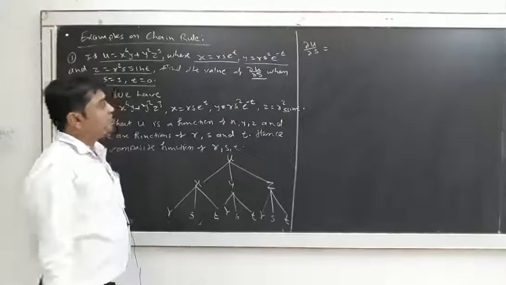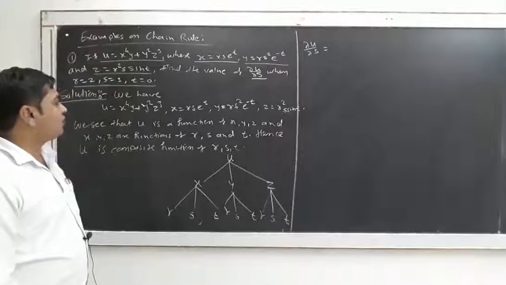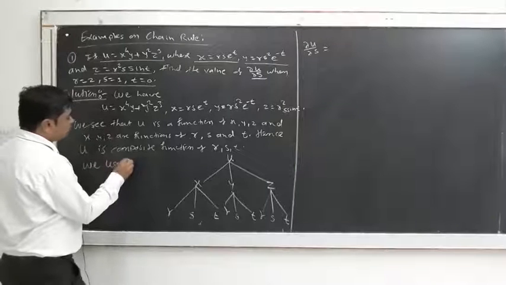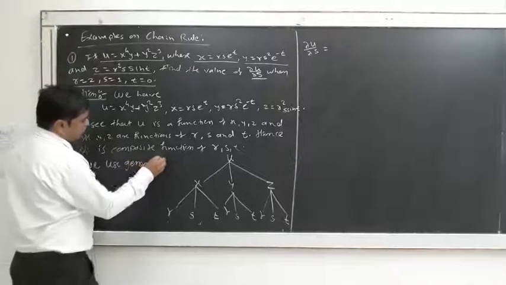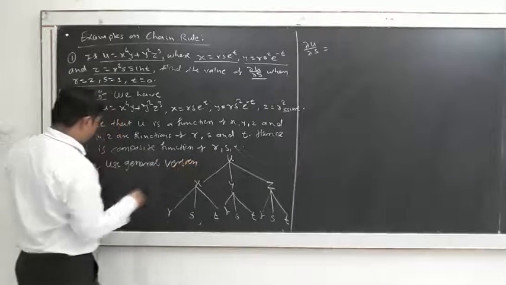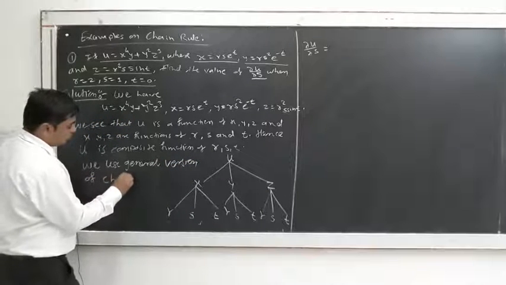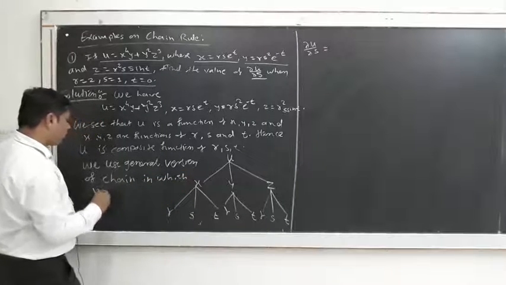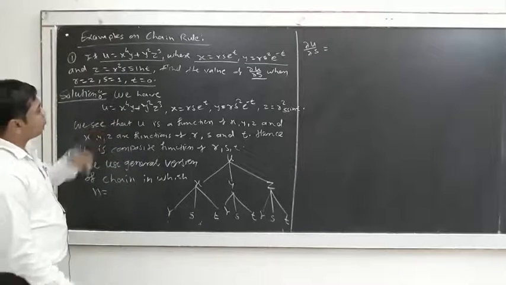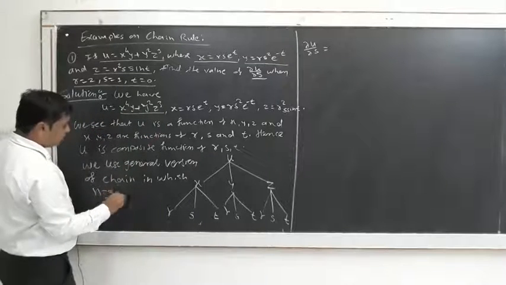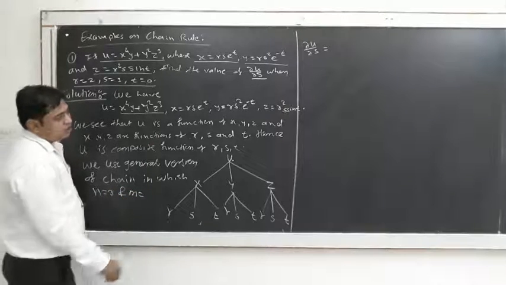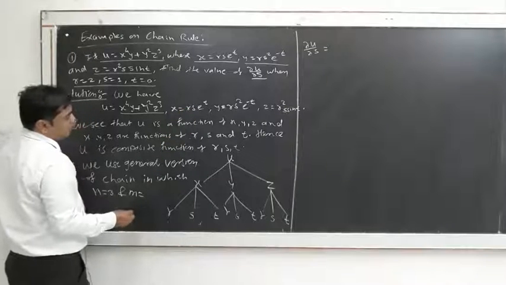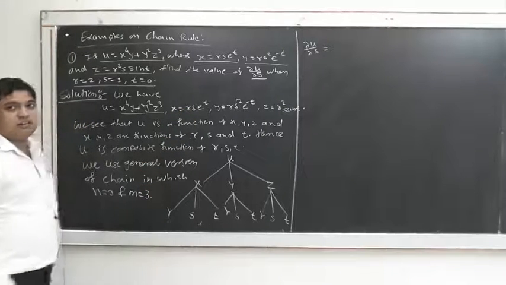So we use the general version of the chain rule, in which n is equal to what? u is a function of three variables, and m is equal to what? x, y, z are functions of r, s and t, that is both are 3.